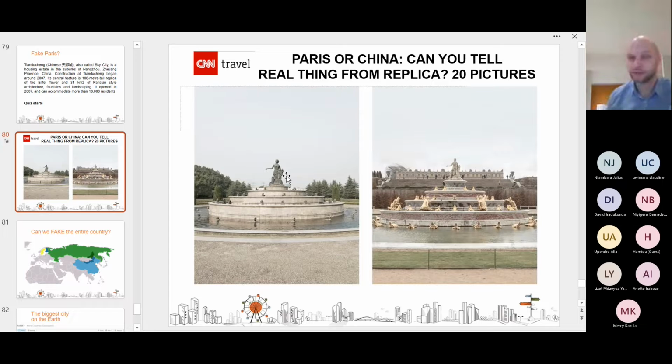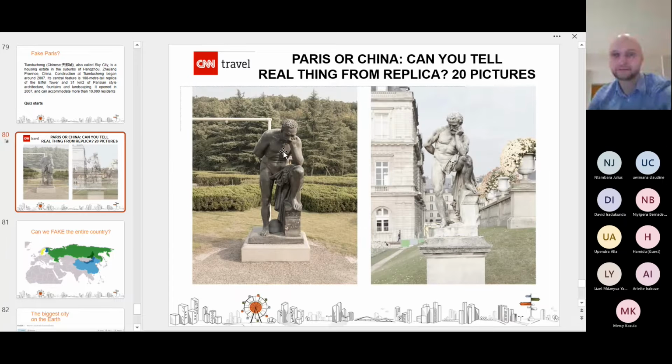By the way, have you been to Paris? Or do you just remember some pictures from that city? Okay, so yes, maybe there is some problem on your device.